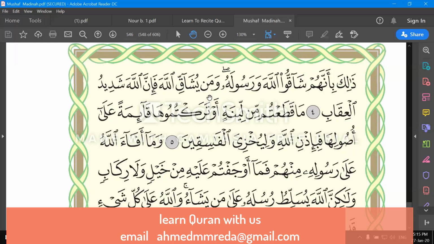The second learning tip is to get ready before you start the ayah. Don't take your breath while reading. Okay? وَمَن يُشَاقِّ اللَّهَ فَإِنَّ اللَّهَ شَدِيدُ الْعِقَابِ. ومن يشاق الله فإن الله شديد العقاب.